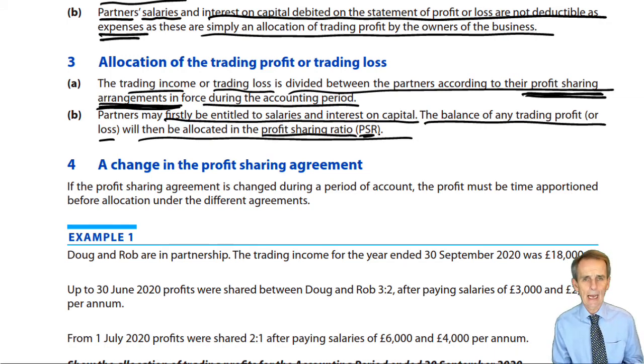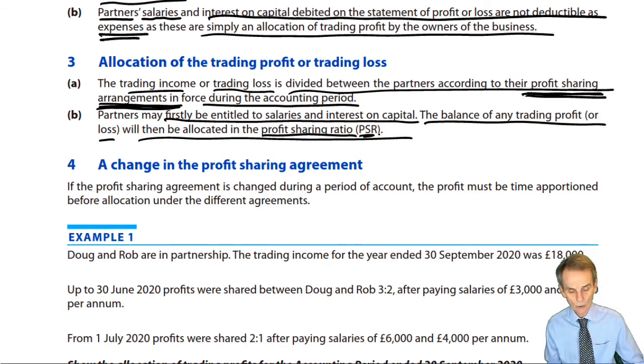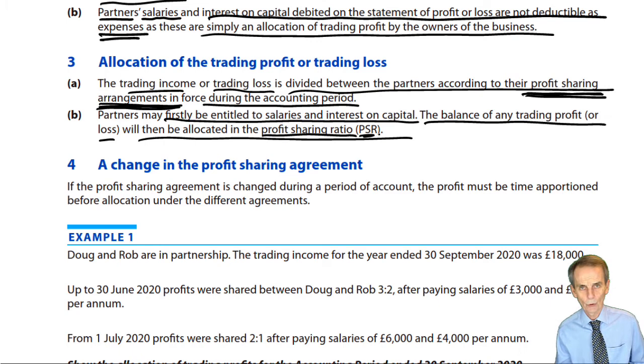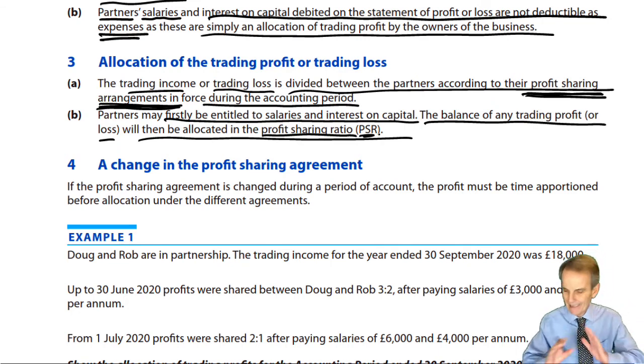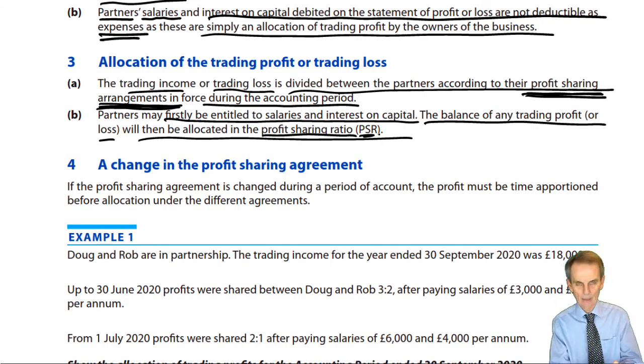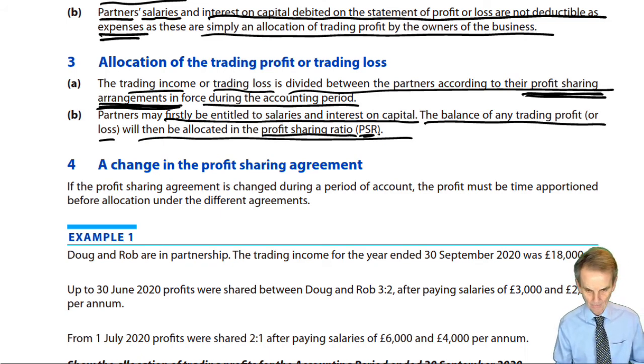All we are doing here in tax is taking not the accounting profit, but the tax adjusted trading profit, and splitting that between the partners, again, according to the profit sharing agreement in force during the accounting period. Now, all of this work needs to be done before you start thinking about what assessment for any tax year will arise in relation to any partner. We forget about tax years to begin with, we look at the accounting period and we split that tax adjusted trading profit according to the profit sharing agreement in force during that period.